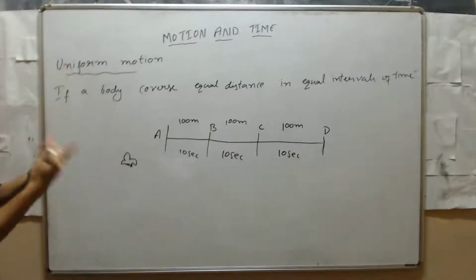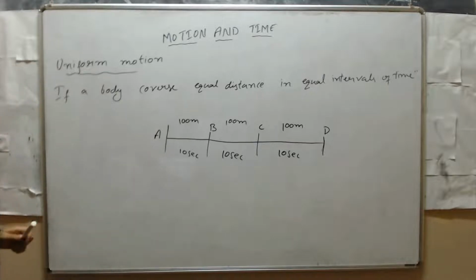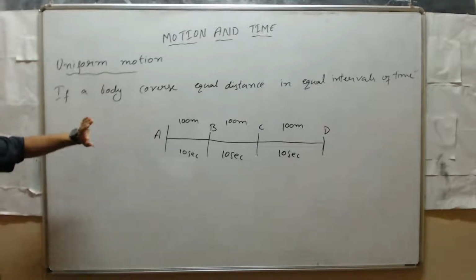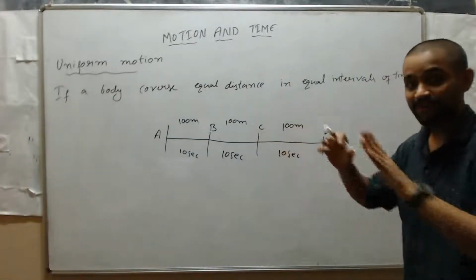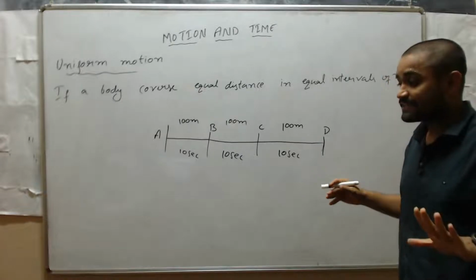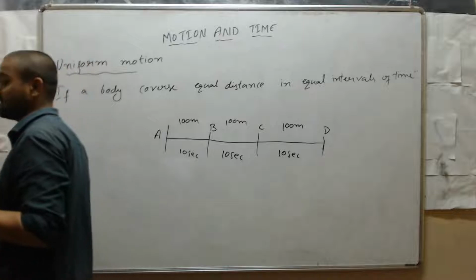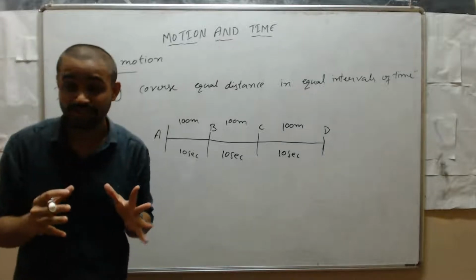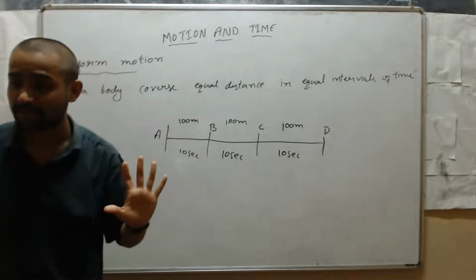Then next, we have one more example. See here, one more example I will give you. Suppose I take the same time. This is called uniform motion because the same distance is traveled in the same intervals of time.